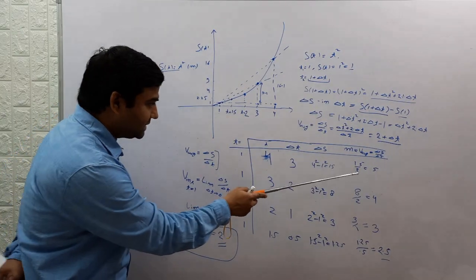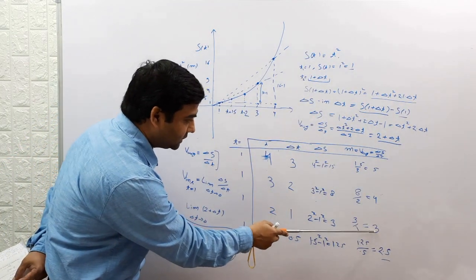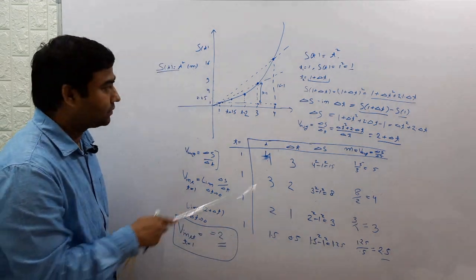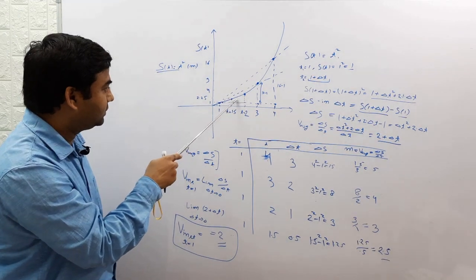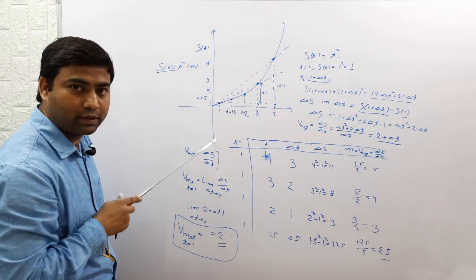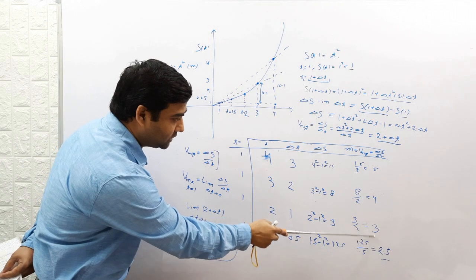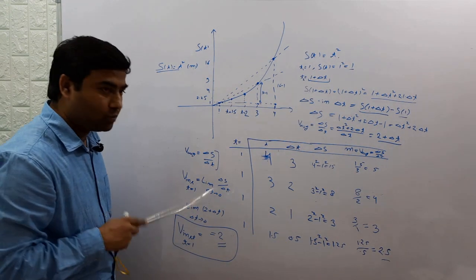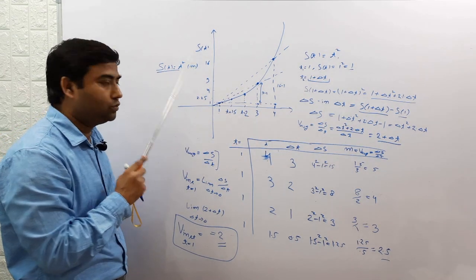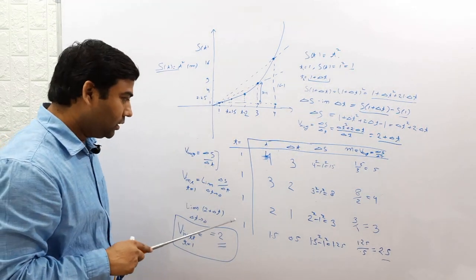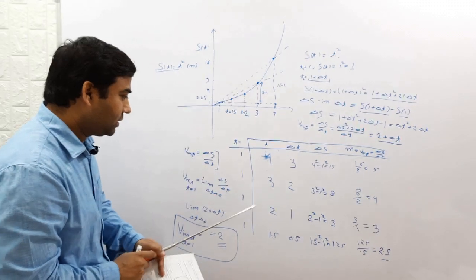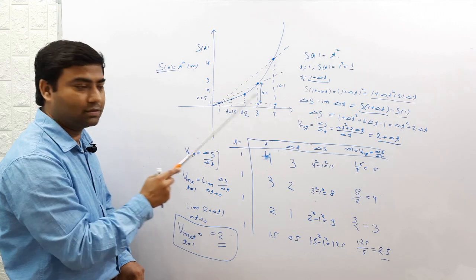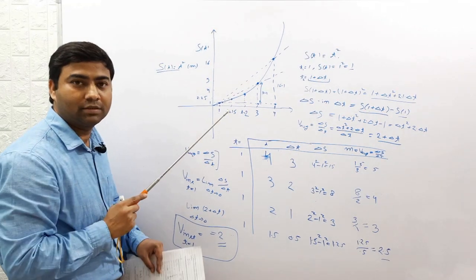So here also you can see these values 5, 4, 3, 2.5. These values were approaching to 2 when we were approaching from t equal to 4 to t equal to 1. So these all average velocities were approaching to 2, instantaneous velocity at time t equal to 1. So you can say these average velocities were gradient of secants for corresponding points.